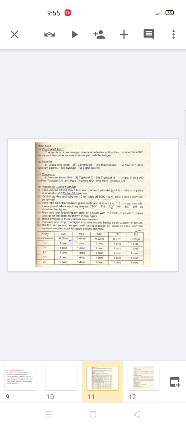If we see the table, 1 by 20 ratio and 1 by 40 ratio, if clumping appears in this part, so we can say the test is negative.